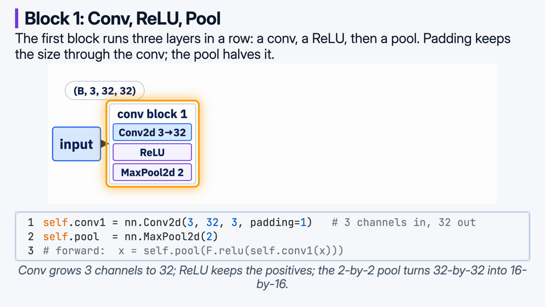Padding keeps the size, so the map stays 32 by 32. The ReLU keeps the positive numbers and drops the negatives. The 2 by 2 pool halves the map. 32 by 32 becomes 16 by 16. So the block sends out batch, 32, 16, 16, and the next arrow will show it.